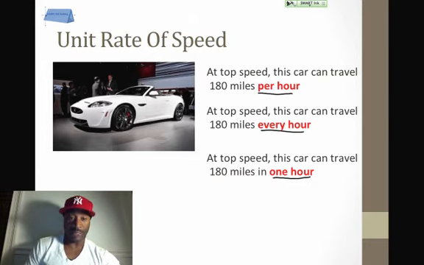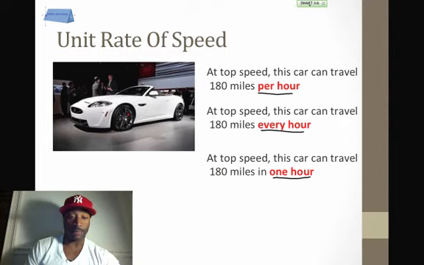Basically, this means that when you have the gas pedal pushed down to the floor and you're at the top speed, which is the fastest that the car can go, every hour that passes, the car has traveled 180 miles. Now that's the unit rate, the average unit rate of speed. I'm not concerned with how far the car goes in 2 hours, 2.5 hours, 8 hours. With unit rate speed, we want to know how far this car can go in 1 hour.